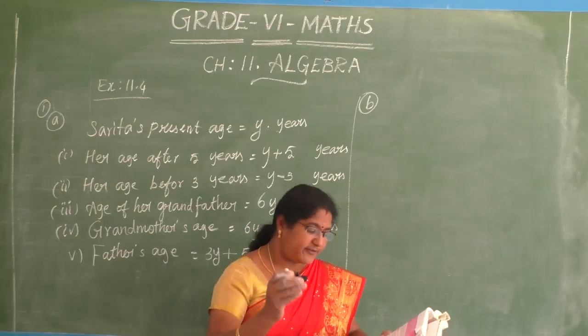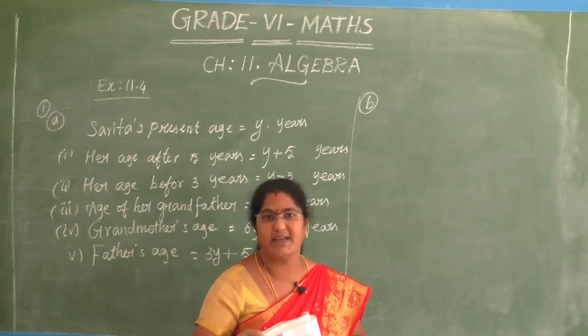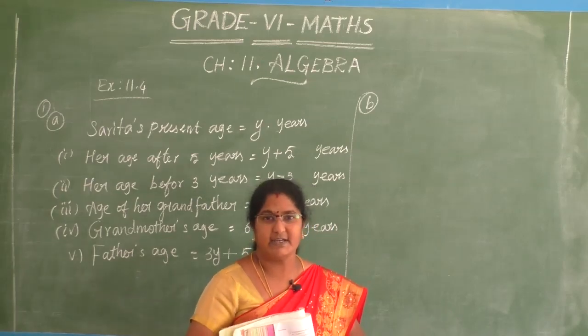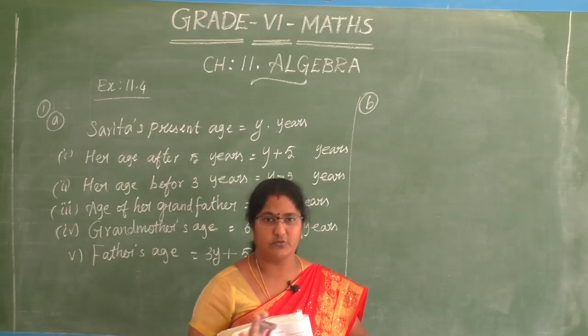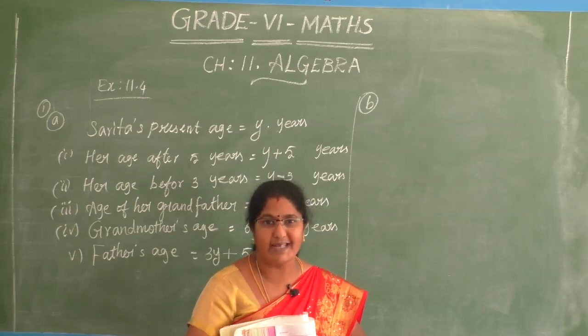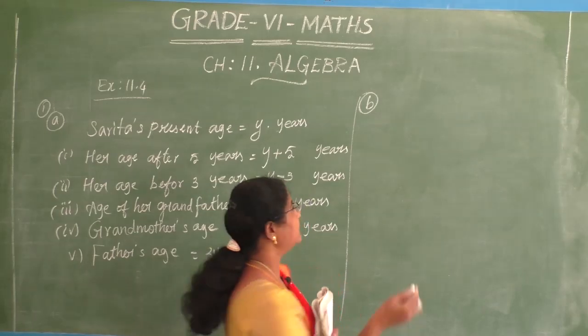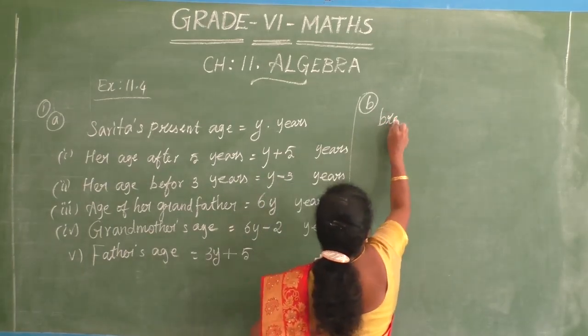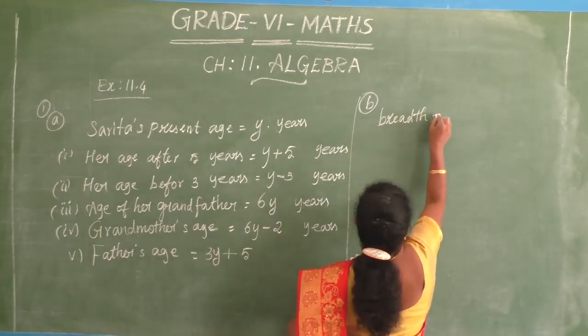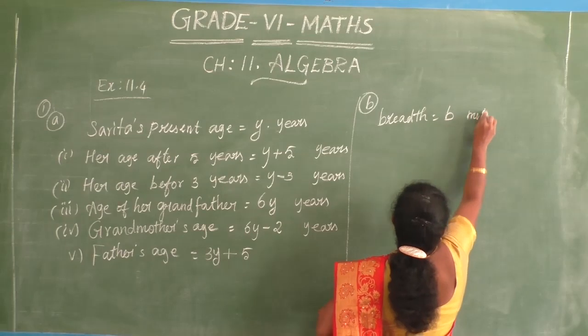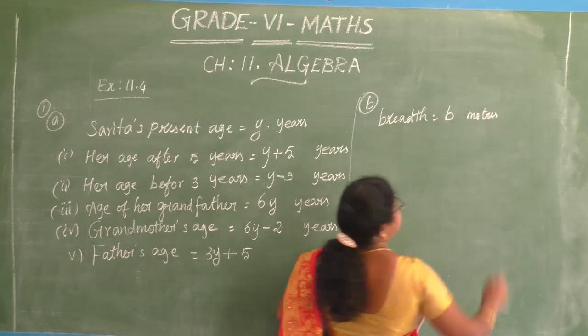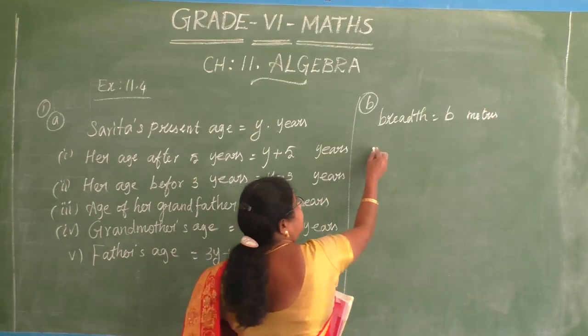The breadth is B meters, it is given. See, we have to find out the length in terms of B. So breadth equals B meters.